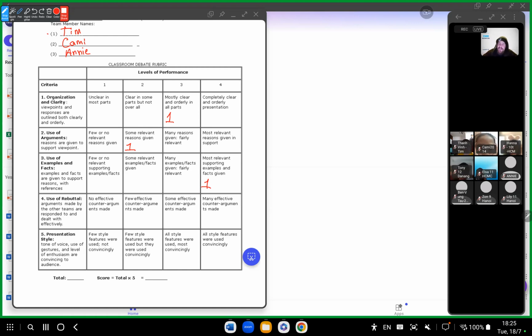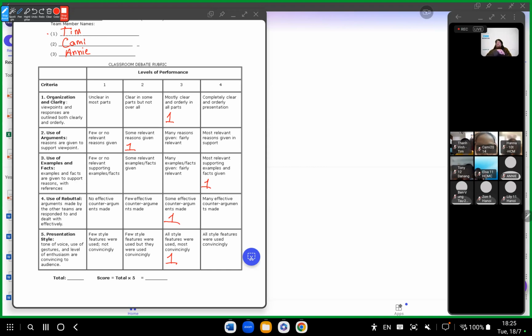He had something to say for most of what the other team said. So we're going to give him a 3. And overall, Tim's presentation style, so how he spoke his arguments, his body language, use of his hands, was he confident? Yeah, Tim was pretty good. So we're going to give him 3 points.